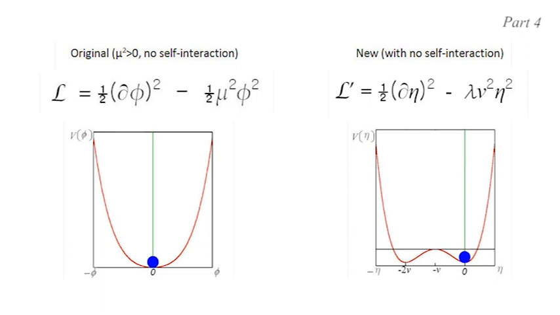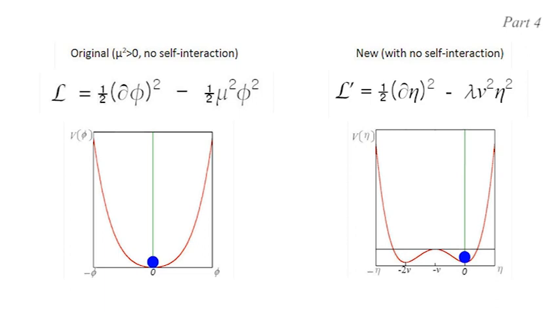Let's look at the mass term in more detail. For the multiplier of the phi squared in the simple situation, we had a half mu squared, where mu was positive for that one. It was in the cup of the parabola shape, and mu was identified as the mass of the excitation.